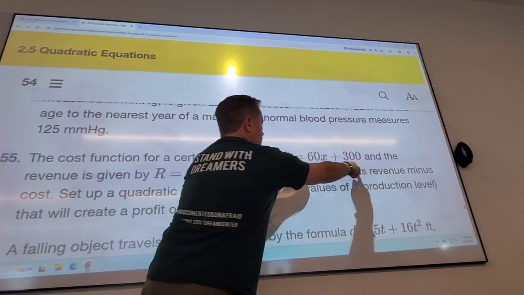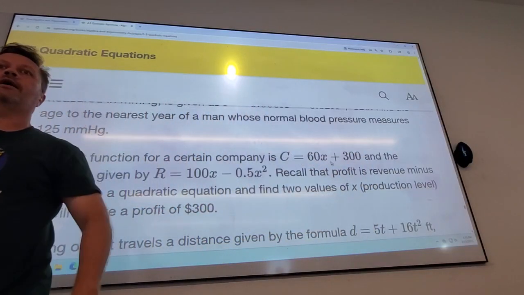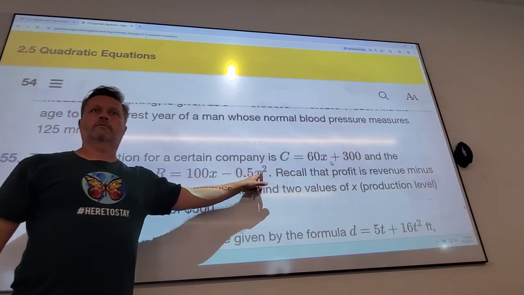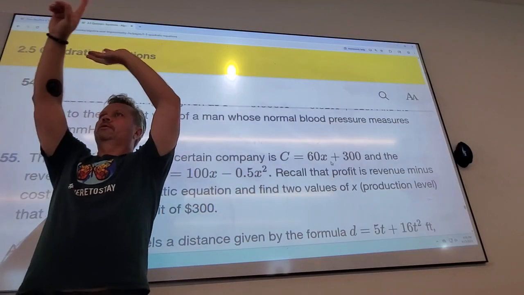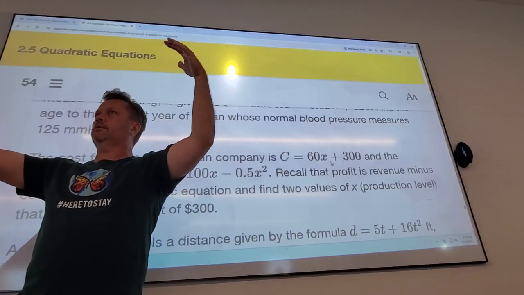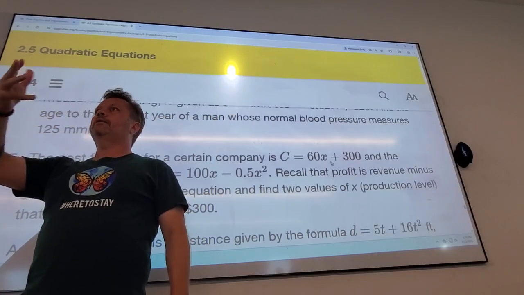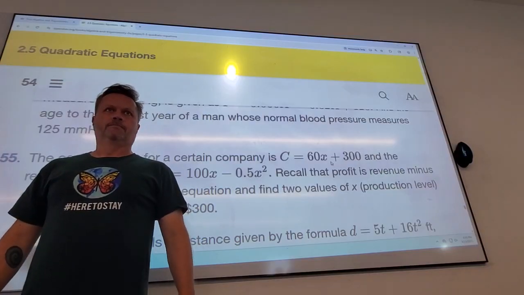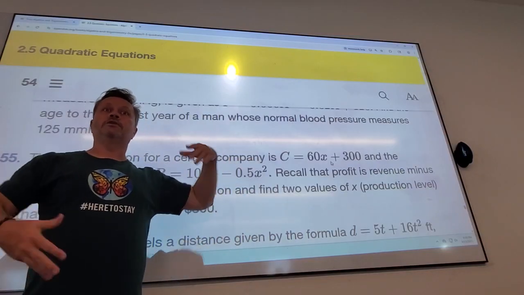Then you would put your like terms together, and what kind of function do you end up with? Quadratic. So set up a quadratic equation. You're going to get that once you subtract those 2 things, right? And then they want 2 values that will create a profit of $300. So you set your equation equal to 300.